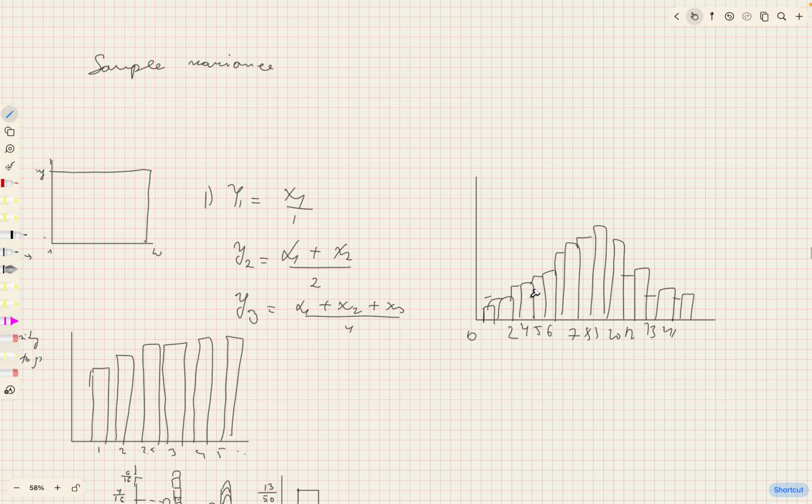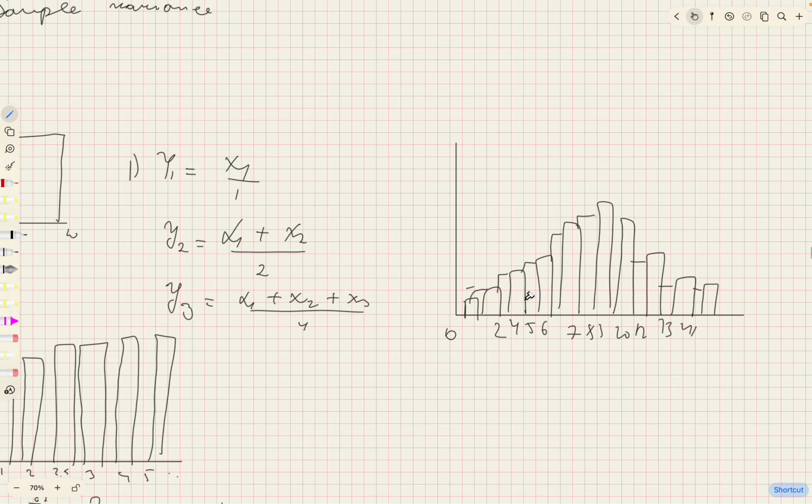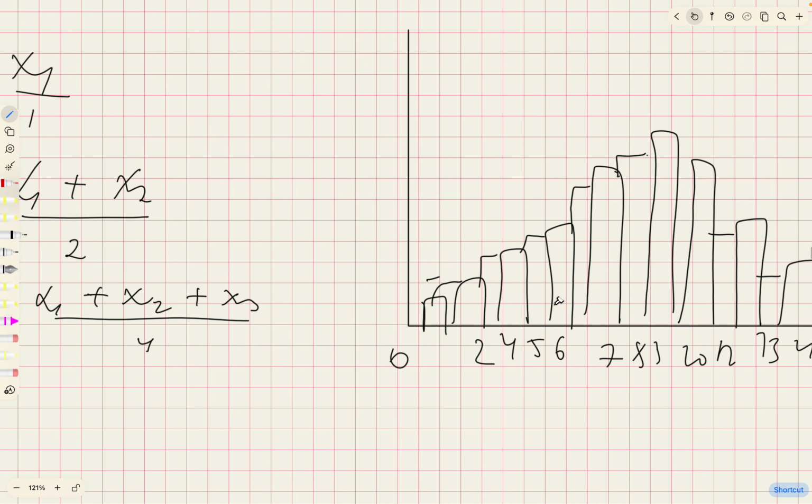So what did we do exactly? Each time we took two random samples out of the population, and then we took the average of these. And each time, for example, when the average of two random variables was 6, we added 1 here. And the next time we added one more.